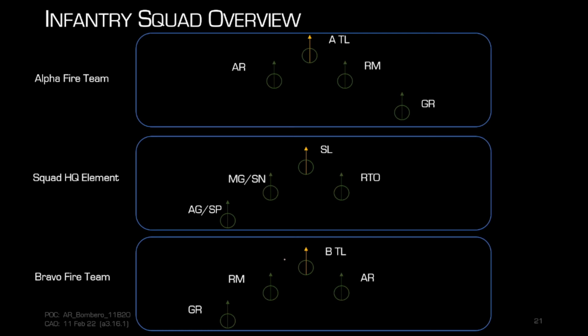So you might recognize this from the last academics, the infantry squad overview. Just a quick review, you have your alpha team leader, your automatic rifleman, and grenadier. Let's switch to my laser pointer.